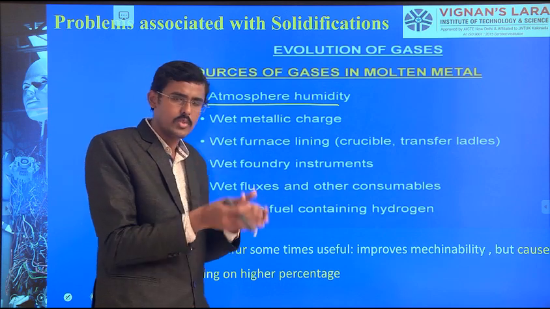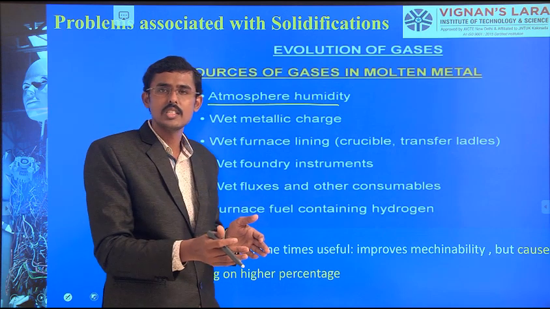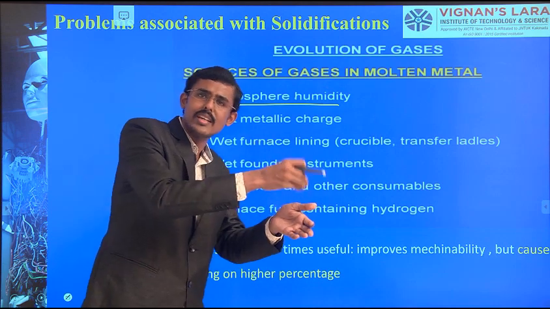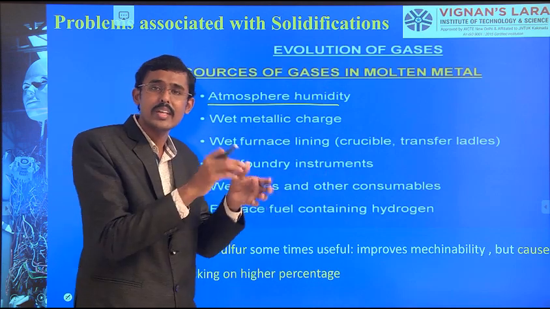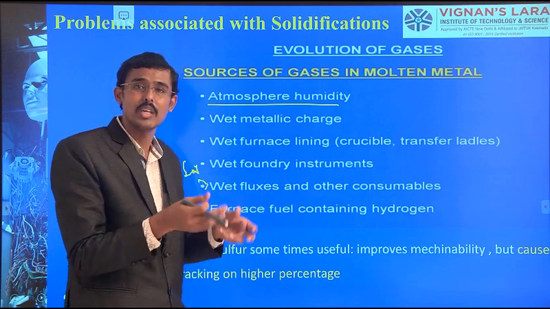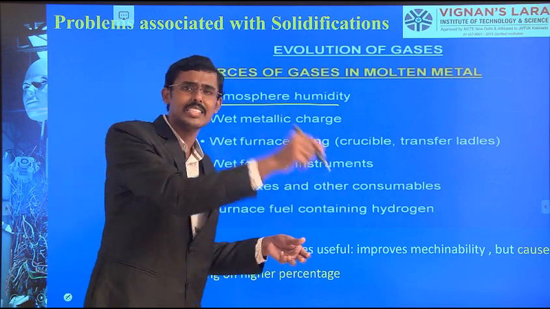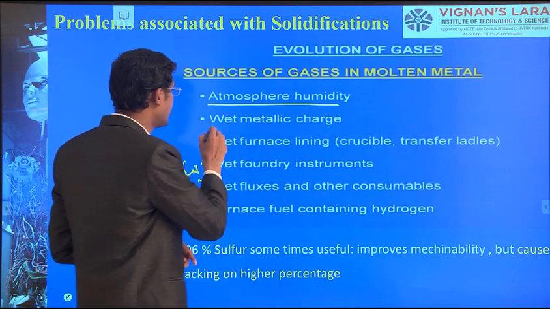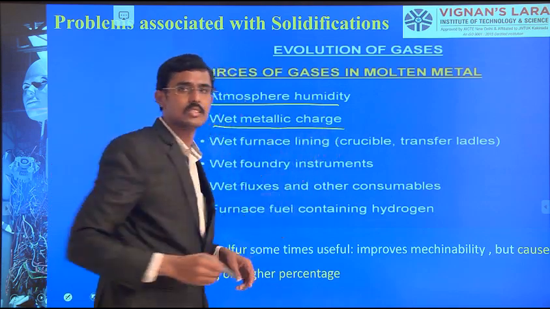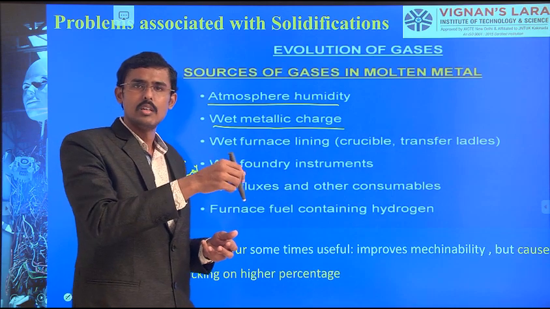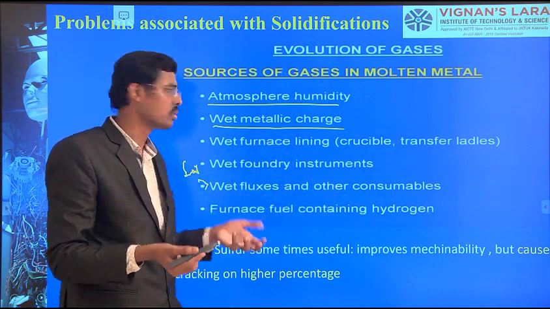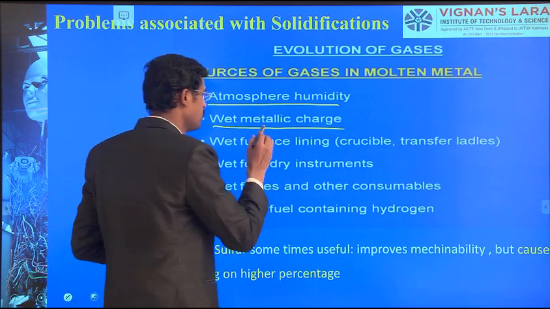Therefore, when the casting box is used for a longer time, there is more wetness in the box in the winter season as compared to the summer. In the same condition, when we go for the second cycle, the wetness will be there. That is atmospheric humidity. The wet metallic charges, the fuel, the coke, may be wet due to the winter season also.